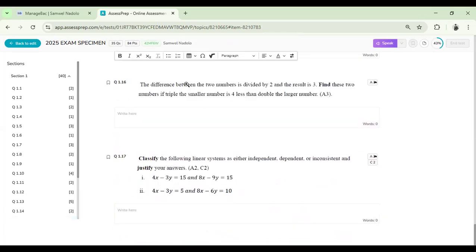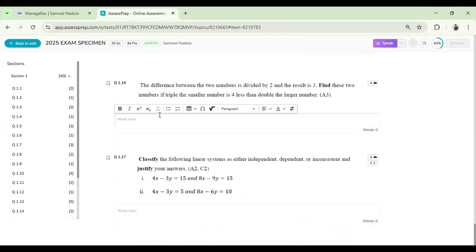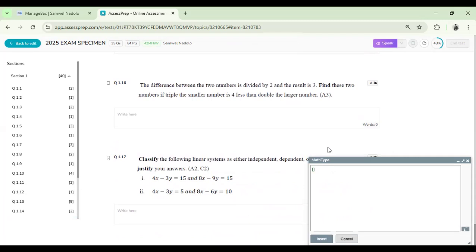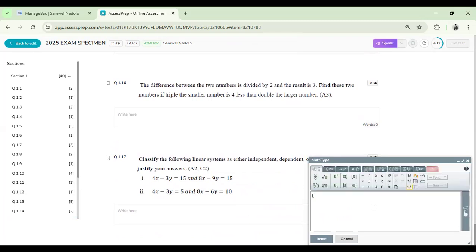The difference between two numbers is divided by 2, and the result is 3. Find these two numbers, if triple the smaller number is 4 less than double the larger number. So this is algebra in year 7.